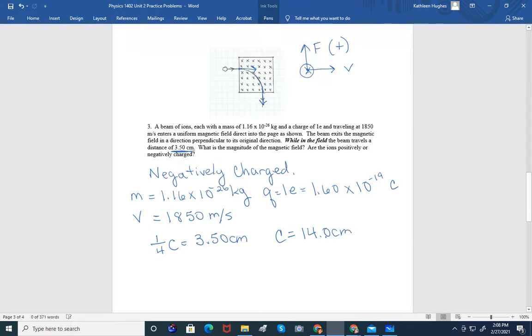Now, what we're really interested in is the radius. To get the radius, you take the circumference, and I'm going to go ahead and do the circumference in meters, 0.14 meters, and you have to divide that by 2 pi. That's going to give us the radius. So 0.14 divided by 2 pi.